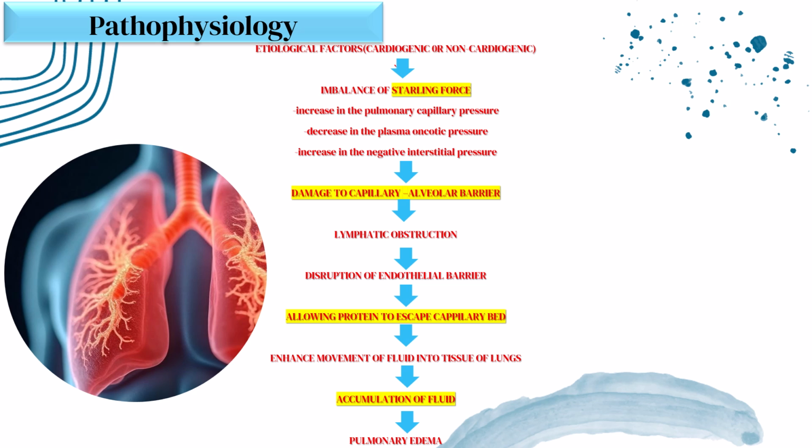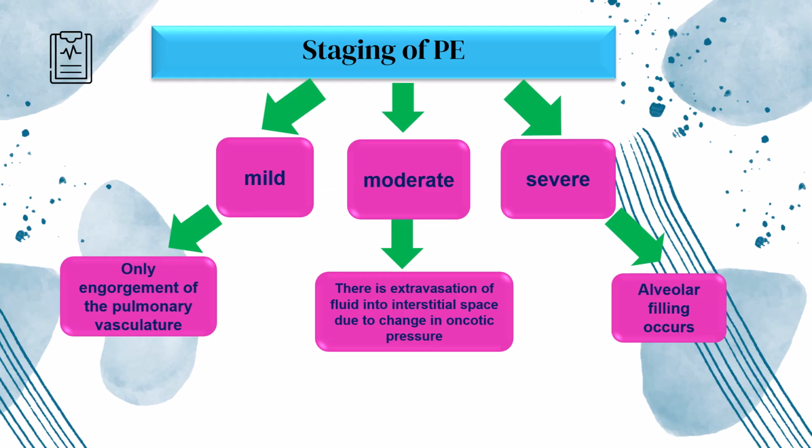What happens eventually is that your capillary and alveolar barrier is damaged. They are all mismatched now. That leads to lymphatic obstruction, disruption of the endothelial barrier itself, and allows protein to escape. When protein escapes, it leads to movement of fluid between the tissues of the lungs, and there is accumulation of fluid leading to pulmonary edema.